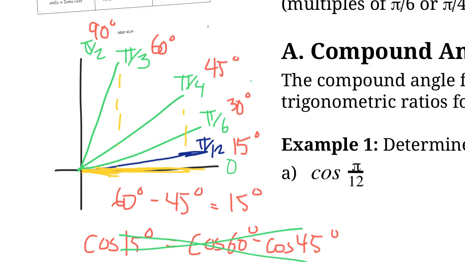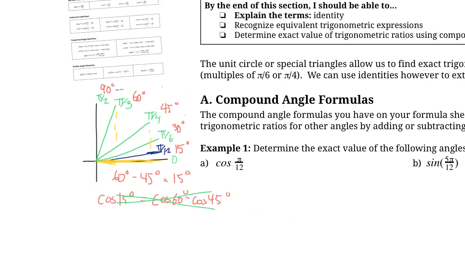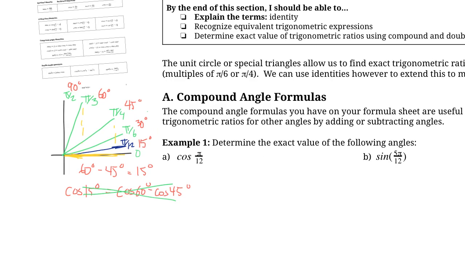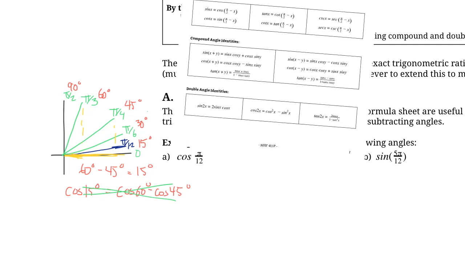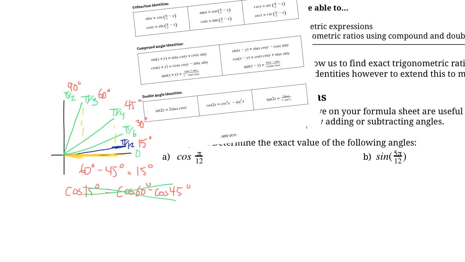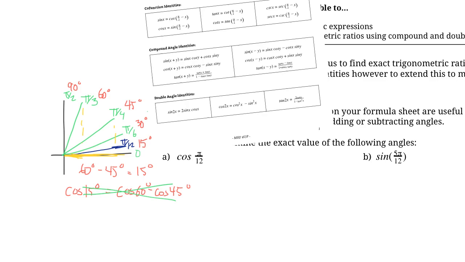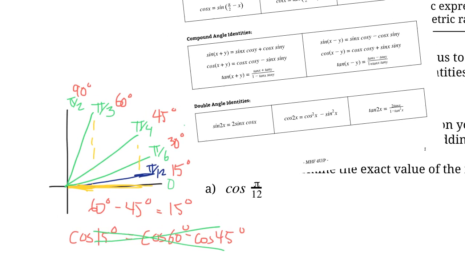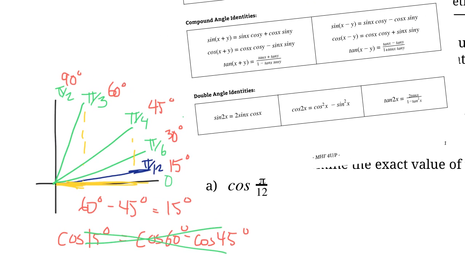Instead, however, we have identities. Let me zoom out here. If you go to your identities sheet, I'm going to put it right in front here so we can see it as we work. We have these things called compound angle identities. What these tell us is that if we have two angles that are added up like this, sine of x plus y, we can represent it as sine x cos y plus cos x sine y, and that's an identity.